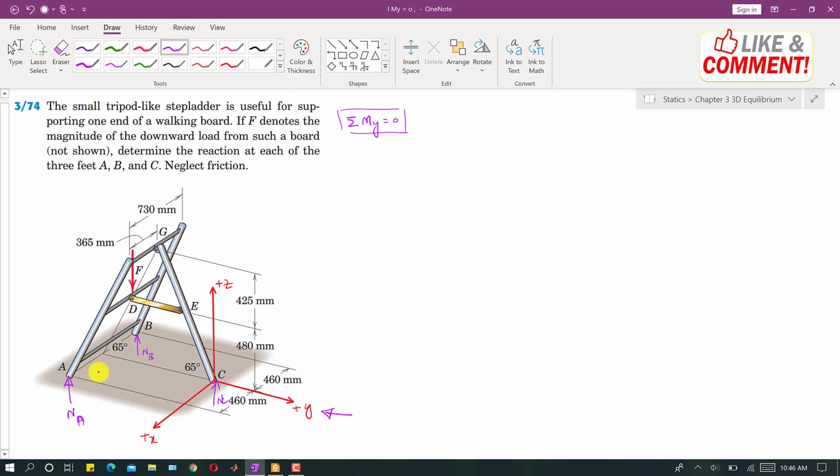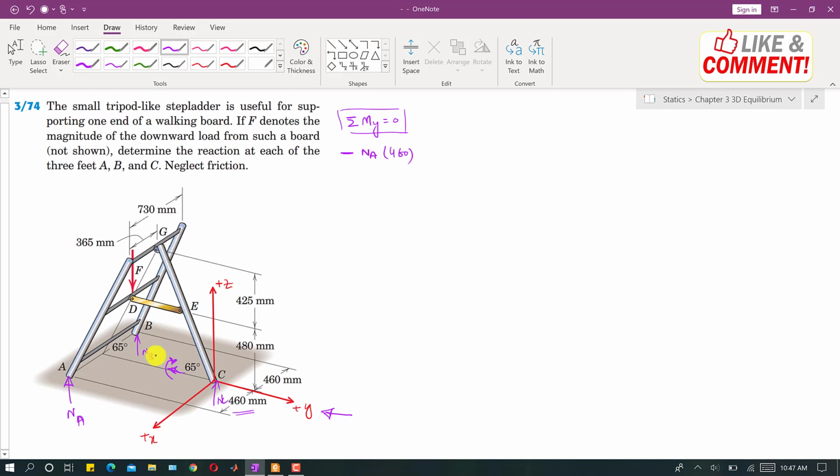So NA will try to rotate this whole system in this direction, and if I curl my right hand fingers in this direction, my thumb will point in the negative y direction, right? So I will write minus NA, and the perpendicular distance of NA from y along x is this 460 mm, so I will multiply this with 460 mm.